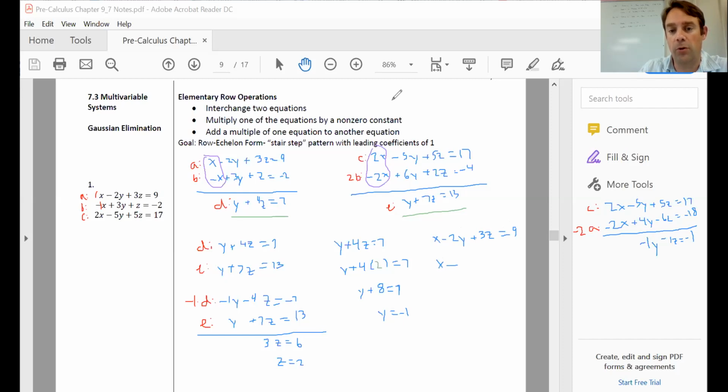What I was able to do here is go back to any one of those original three to figure out what my other values were. So I already know what y and z are now. So we're going to go figure out what x is. So y was -1. z was 2.